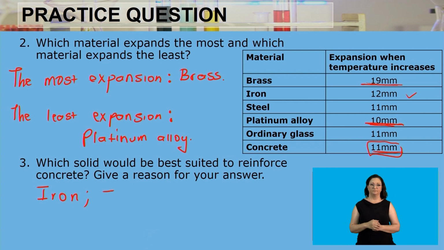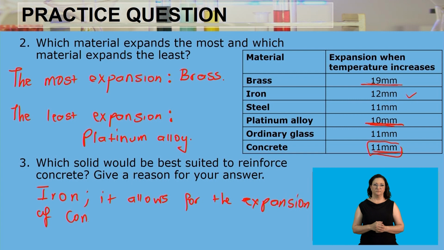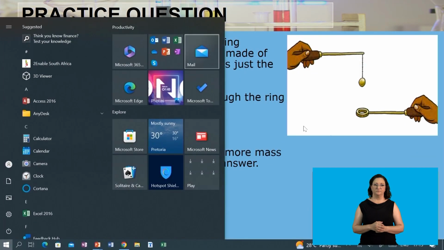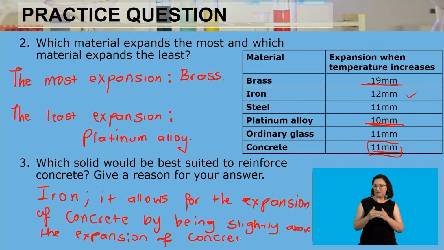So iron allows for the expansion by being slightly above the expansion of concrete.